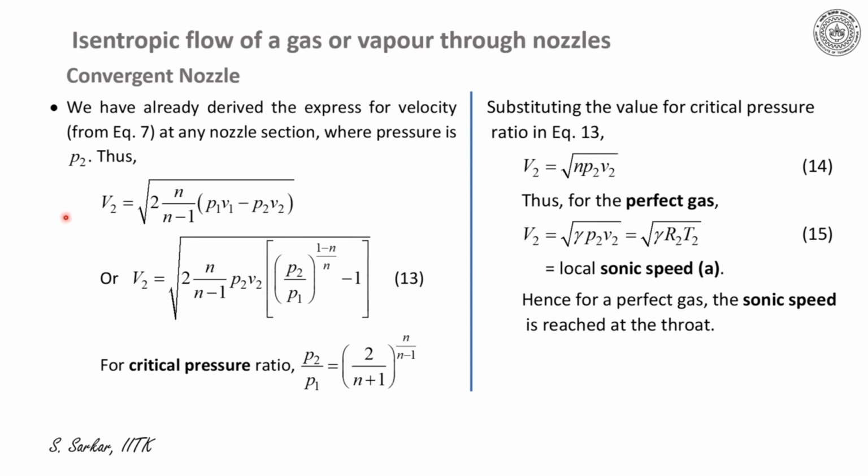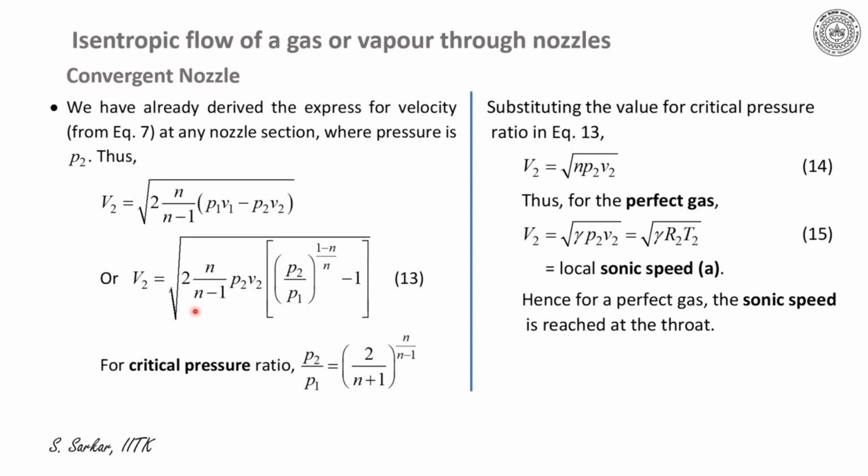Thus V2 is given by root over 2n/(n-1) (P1 v1 - P2 v2), which can be expressed as V2 equals root over 2n/(n-1) P2 v2 within the bracket (P2/P1) to the power (1-n)/n... which is equation number 13.